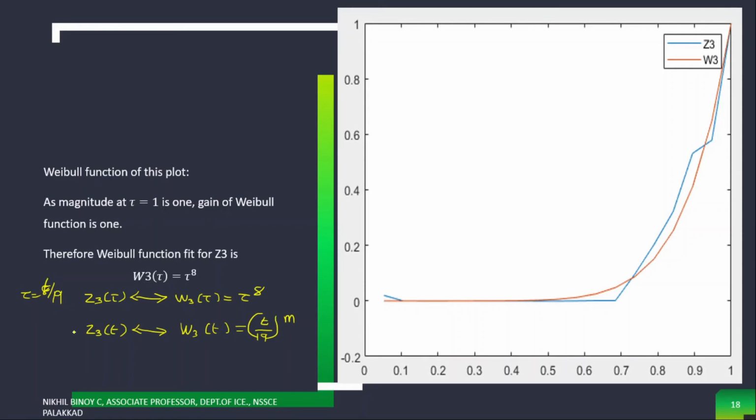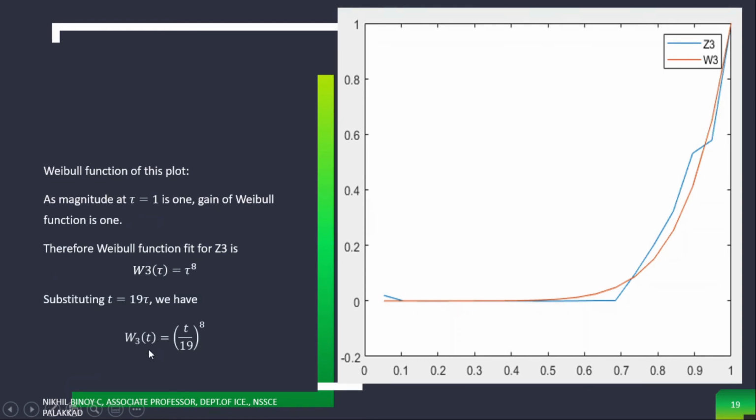Replace tau with t by 19, so we have W3 of t, that is the best fit of Z3 of t, equal to t by 19 raised to 8.